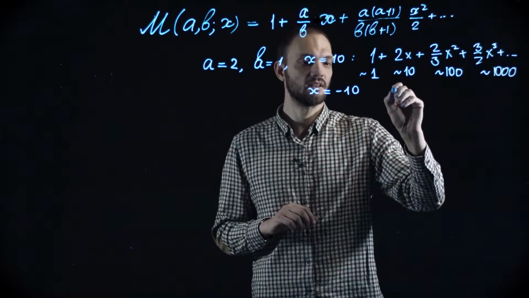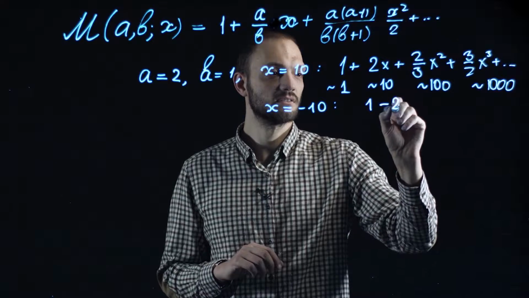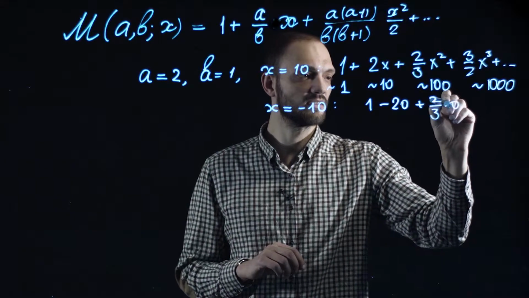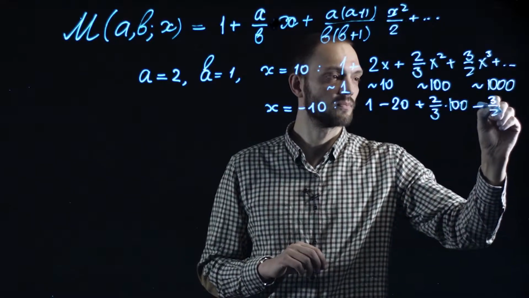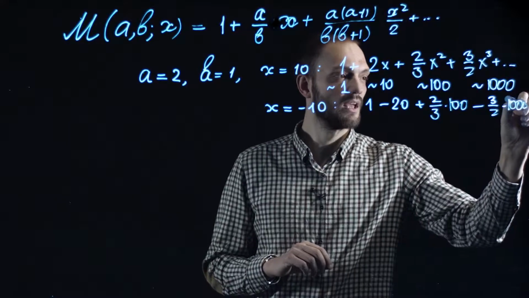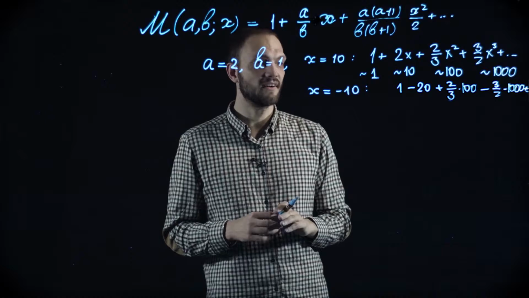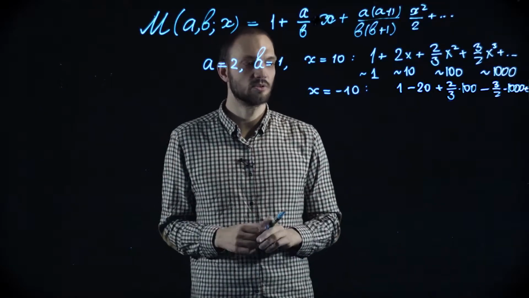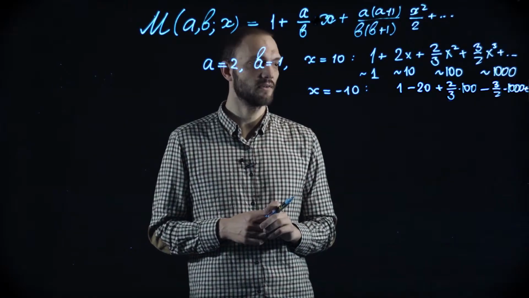So the series becomes something like 1 minus 20 plus 2 thirds times 100 minus 3 over 2 times 1000. And it seems almost impossible to sum this series directly, and even less possible to make some quantitative decision about properties of this function.